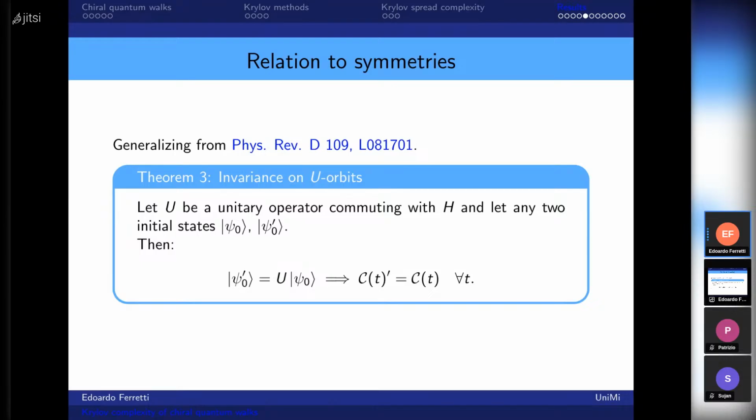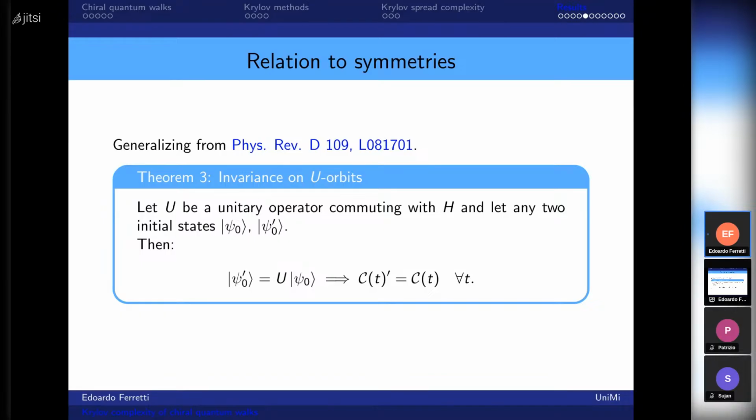And then we have another rather interesting, at least to me, result, which is that not all values of complexity are independent, because if we have a unitary operator which commutes with the Hamiltonian, then any two initial states that are related by such a unitary transformation will always have the same complexity, because up to a change of basis, the two dynamics are equivalent, as this is a symmetry of the Hamiltonian.